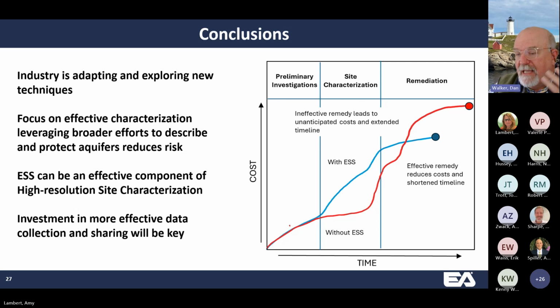And then finally, as with many other aspects of high resolution site characterization, what we see is that the initial cost, for example during site characterization, may be higher. I would argue it's only marginally higher because we're using relatively inexpensive techniques. But that initial investment pays off down the road if you have a more robust conceptual site model.